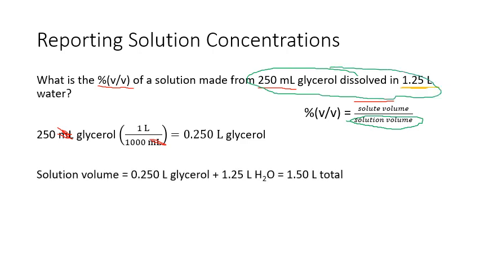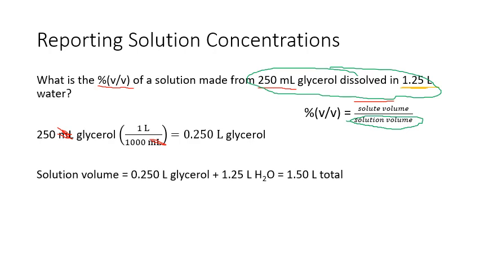So the solution volume is 0.250 liters of glycerol plus 1.25 liters of water. We have a 1.5 liter volume total for this solution. So this solution, if you were to look at it, would have a total volume of 1.50 liters. That makes sense: 250 milliliters plus 1,250 milliliters, or 0.25 liters plus 1.25 liters, adds up to 1.5 total liters of volume.